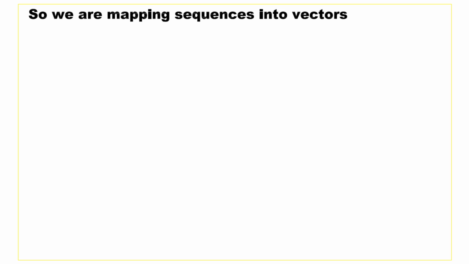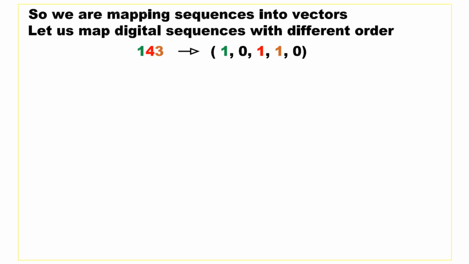Now, what is the most important characteristic of this mapping? Let us take, for example, a sequence with 3 different digits, just as this sequence here, 1, 4, 3. It will be mapped into this vector 1, 0, 1, 1, 0. Let us change now the order of these 3 digits. We are going to get the same vector.